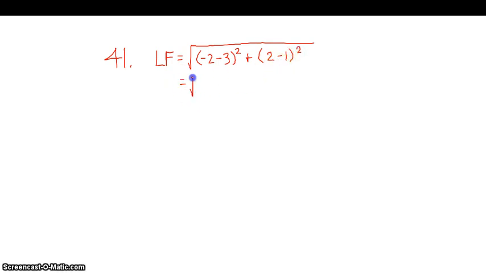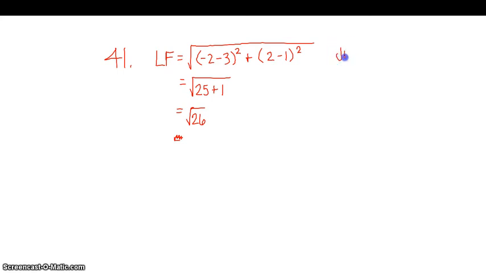So then that'd be -5 squared, and -5 squared is +25. 2 minus 1 would be 1, so 1 squared is 1. So that's about the square root of 26. And so this one, since there's decimals, you'll want to figure out what that is. Or actually, I'll just do that at the end so that I'm not rounding too much. So I'll leave it there for a minute.